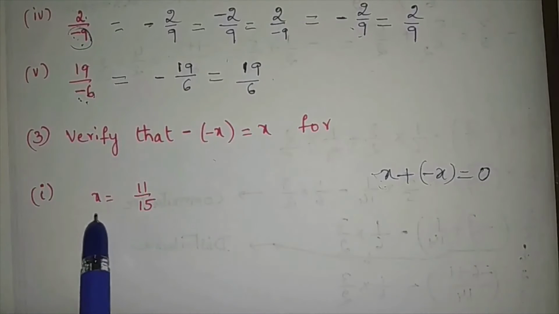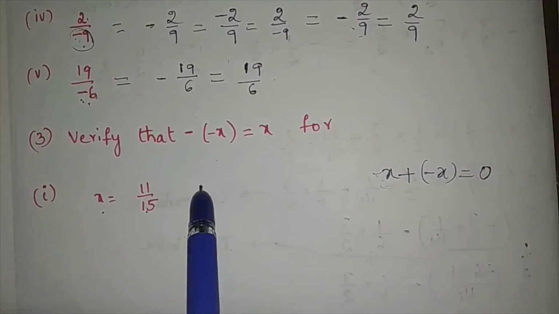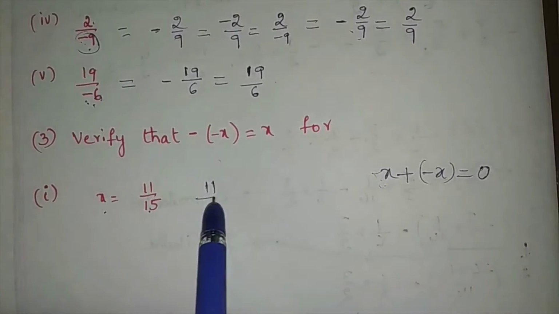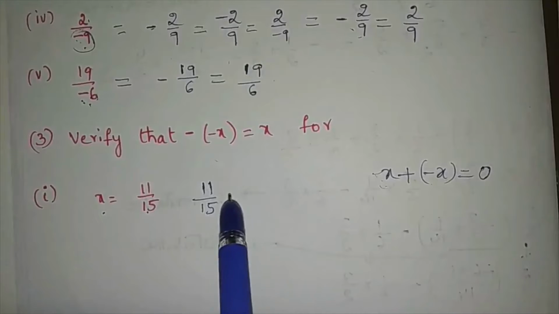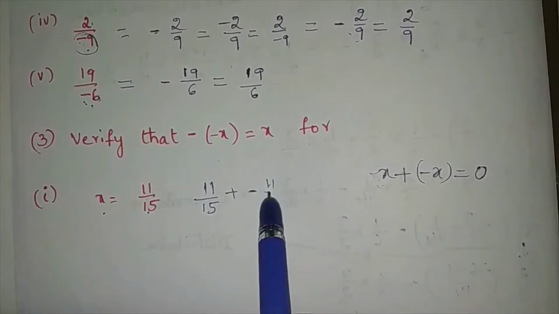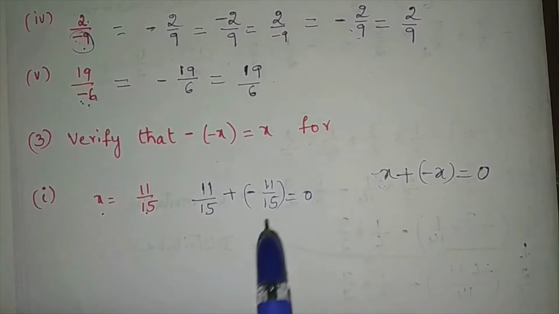So here our x is 11 by 15. Using the additive inverse property, 11 by 15 plus minus 11 by 15 is equal to 0.